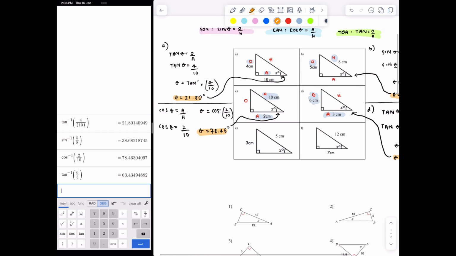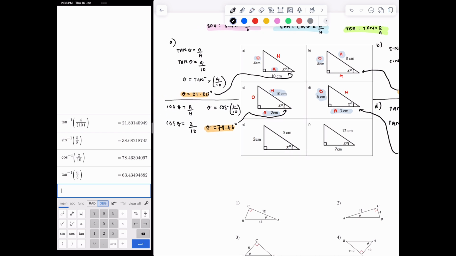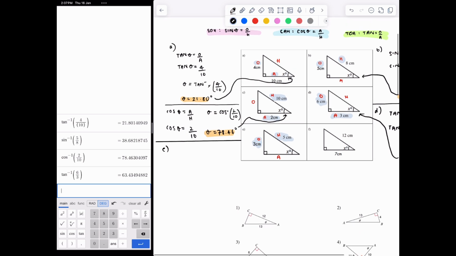All right, moving on to the next one. We have to label the triangle. So we've got the hypotenuse, the longest side, opposite the angle, and adjacent, in between the two angles. We've been given the opposite and the hypotenuse, and so we'll use the sine function because that's the one that has O and H in it. So we've got 3 over the hypotenuse, which is 5.